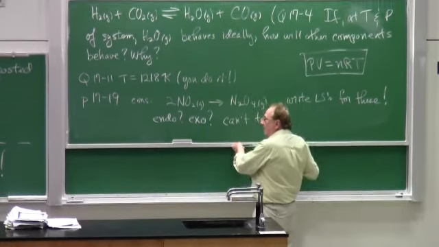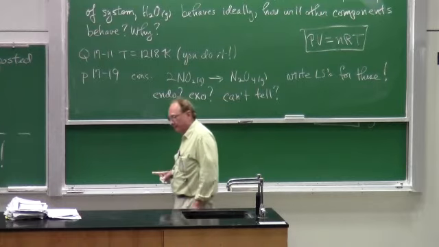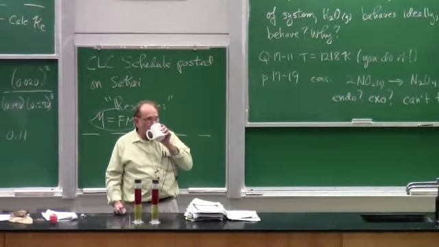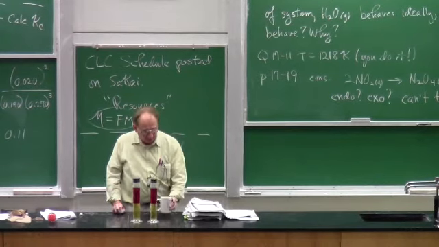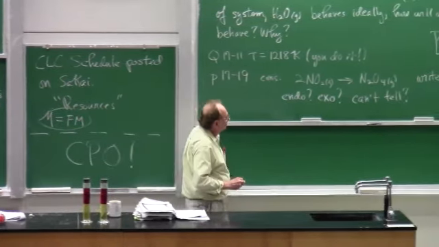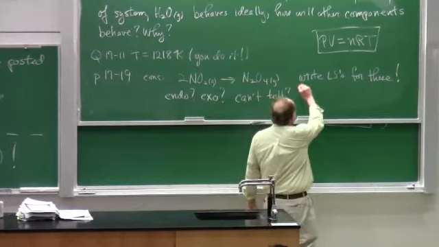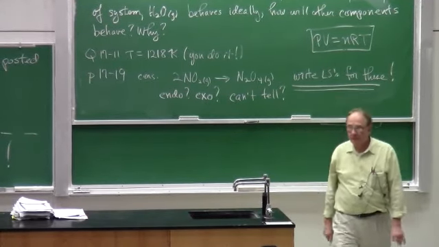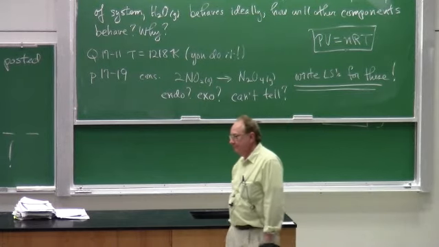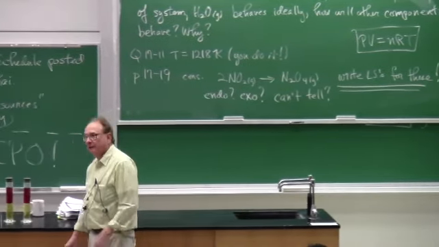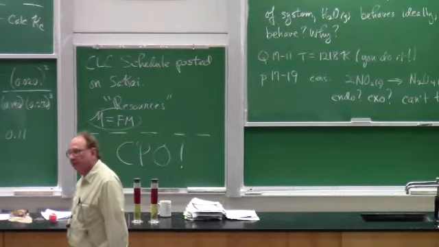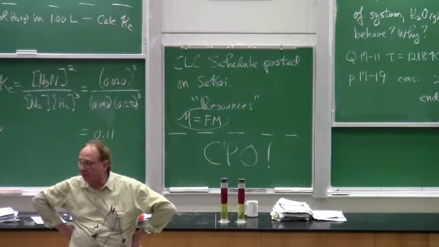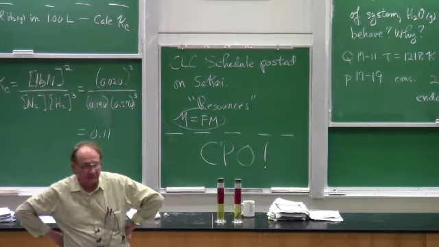Let's go to page 1719. I've written for you a directive. Here's the directive. There are only two different molecules involved in this equilibrium reaction: nitrogen dioxide in equilibrium with dinitrogen tetroxide.